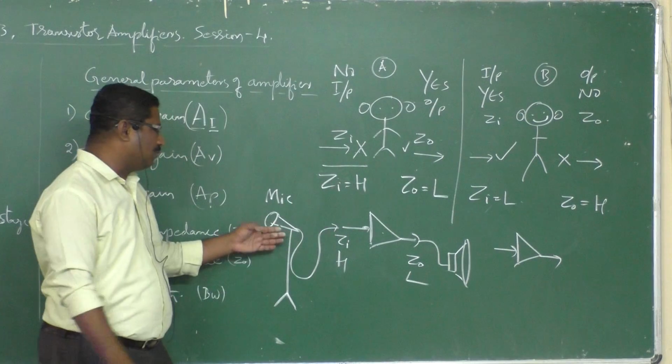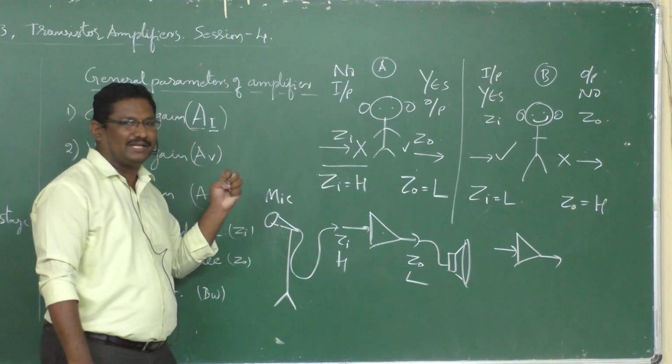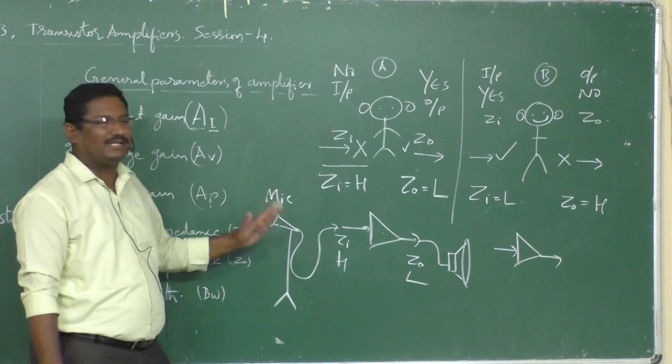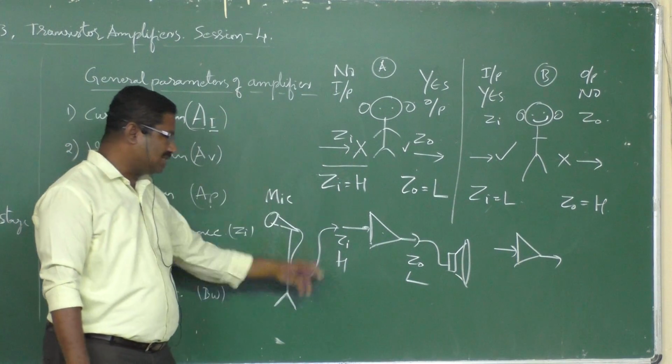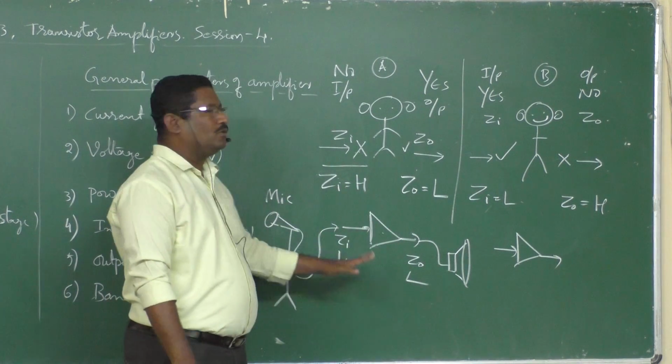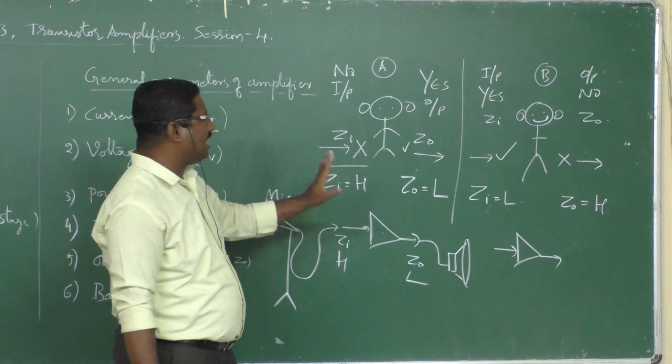So the moment we touch it, it starts grabbing the current, which means we will feel the shocking effect. In order to avoid that shocking effect, the input impedance should be high and the output impedance should be low. So this is a very good transistor amplifier.